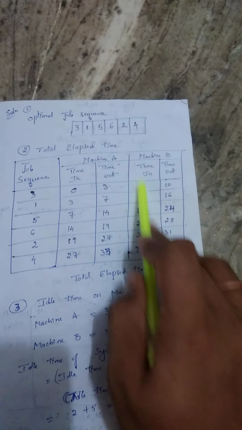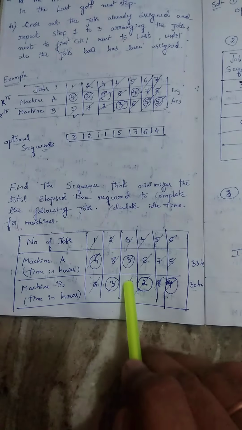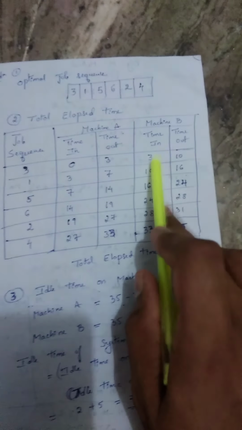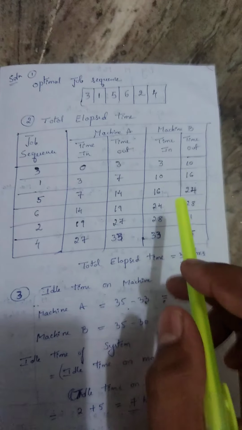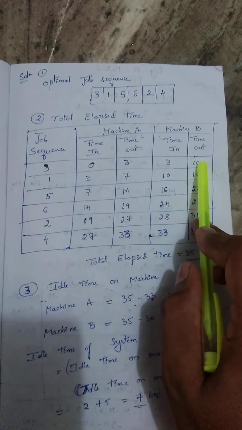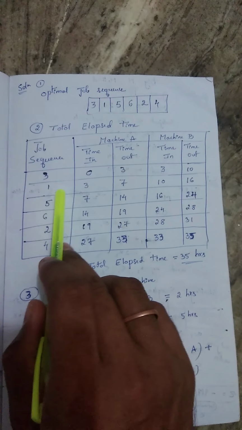That means time in starts with 3. Time out of machine B: the third job takes 7, so 3 plus 7 is 10.